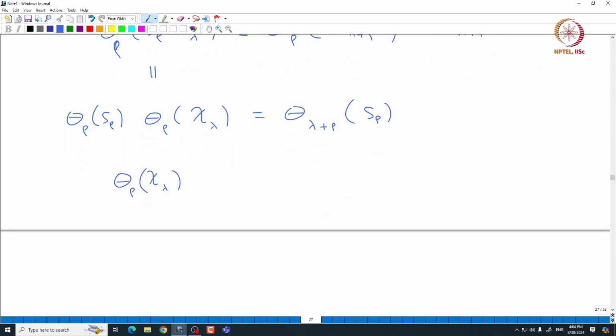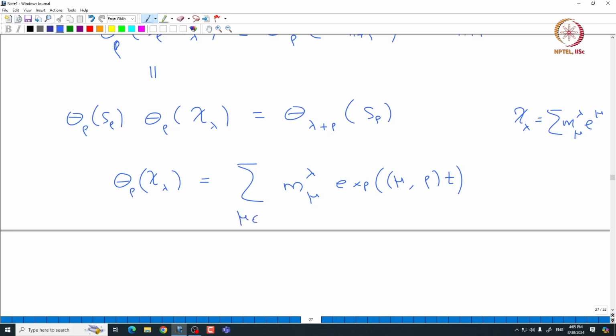By definition of chi lambda, you have the summation of the multiplicity of mu in lambda times e power mu. So, this is going to be exactly equal to the summation of the multiplicity of mu times exponential of (mu, rho) times t, where mu runs over all weights of lambda.